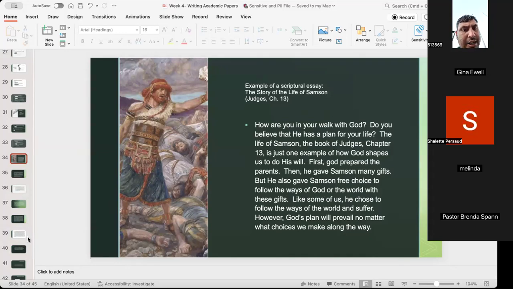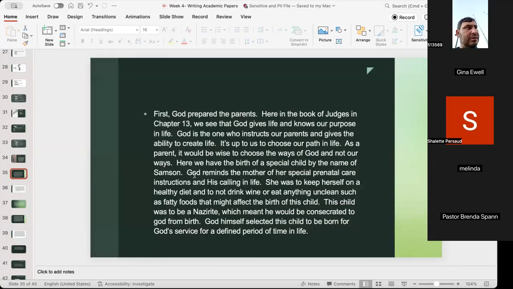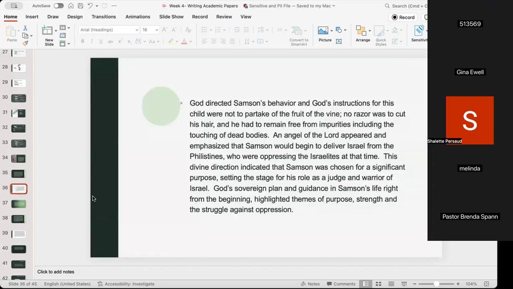So it discusses that, and it gives us an idea of how Samson was with God, with women, with his parents, and what guided him through his life.